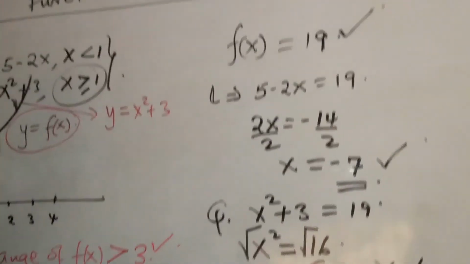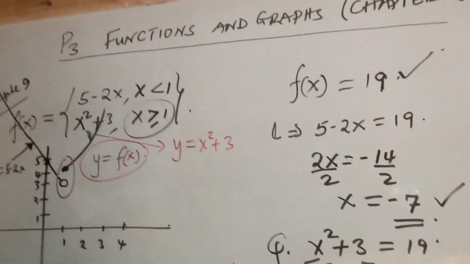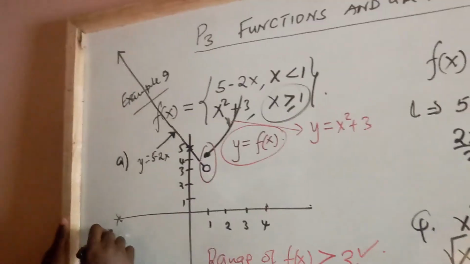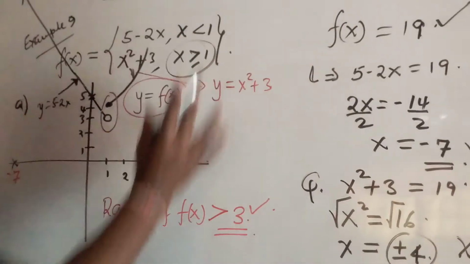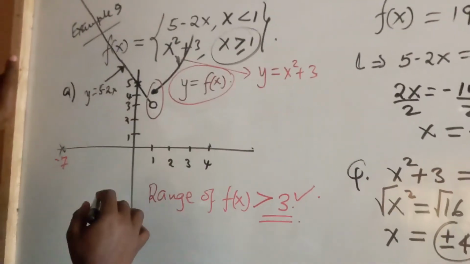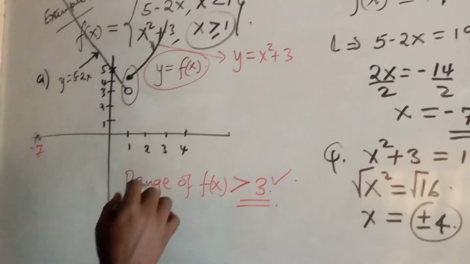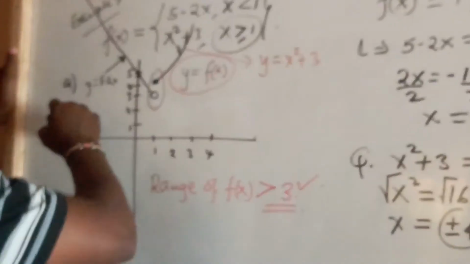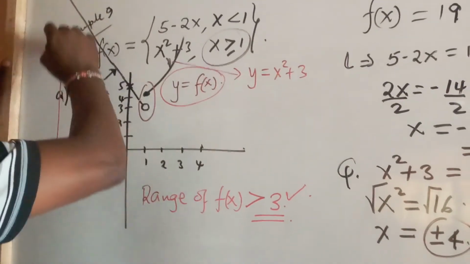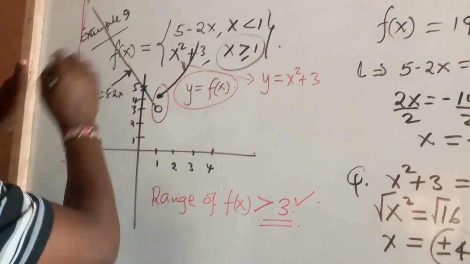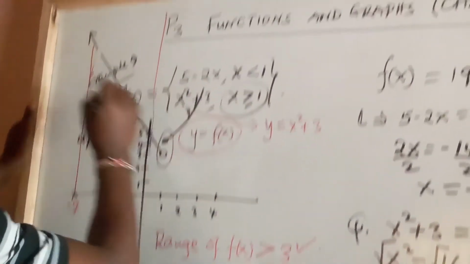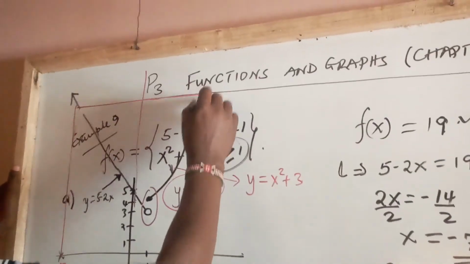If we can just sketch this kind of a graph, when x is negative 7 there, and x equals 4.